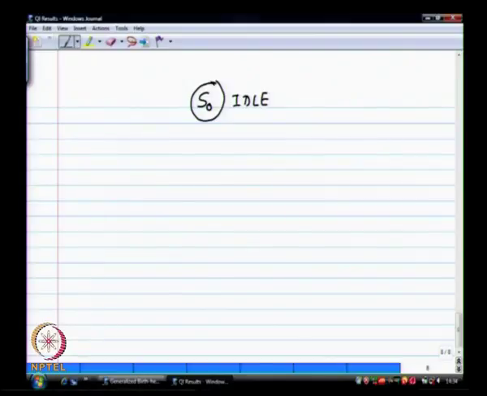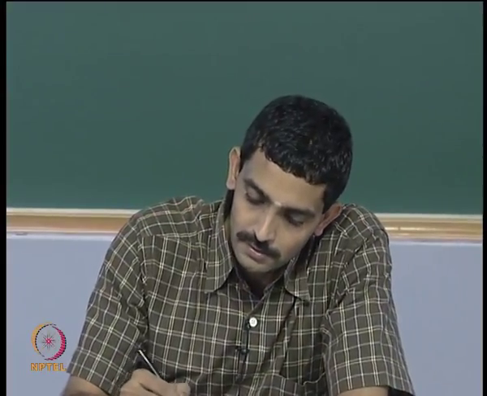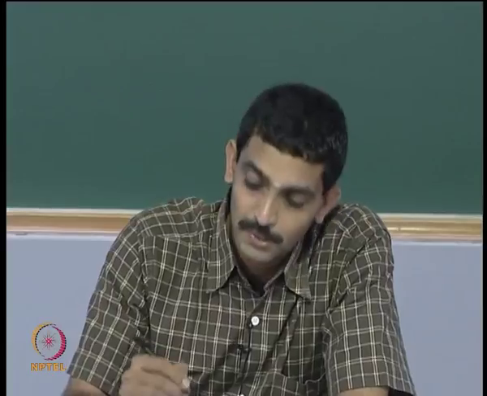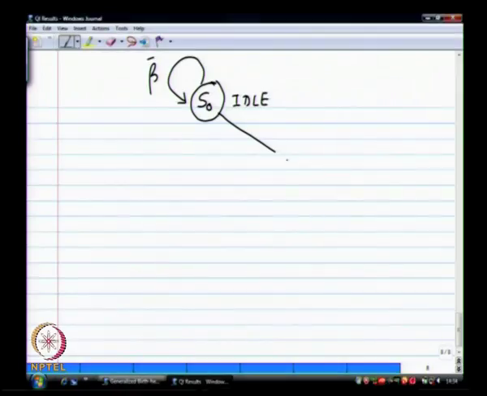So if I am idle at the beginning of the slot, in the next slot beginning I would either have a packet to send, if some packet had come in this one slot, or I will have no packet to send. So this is beta bar, this is beta.